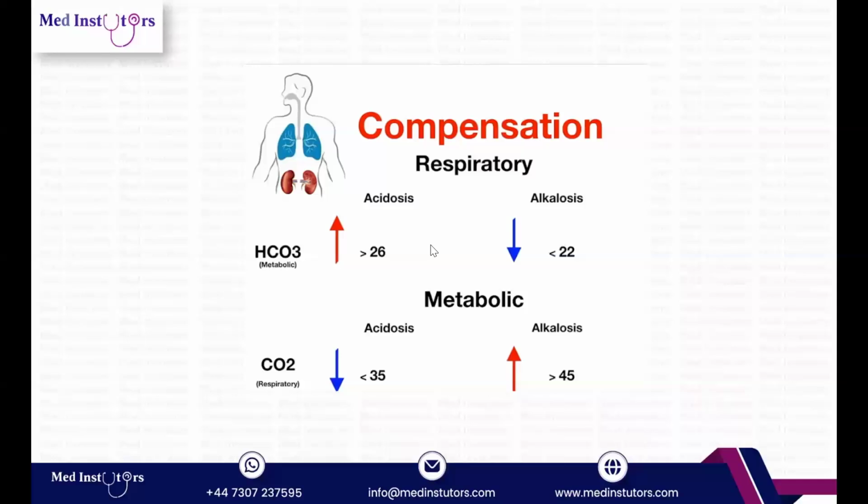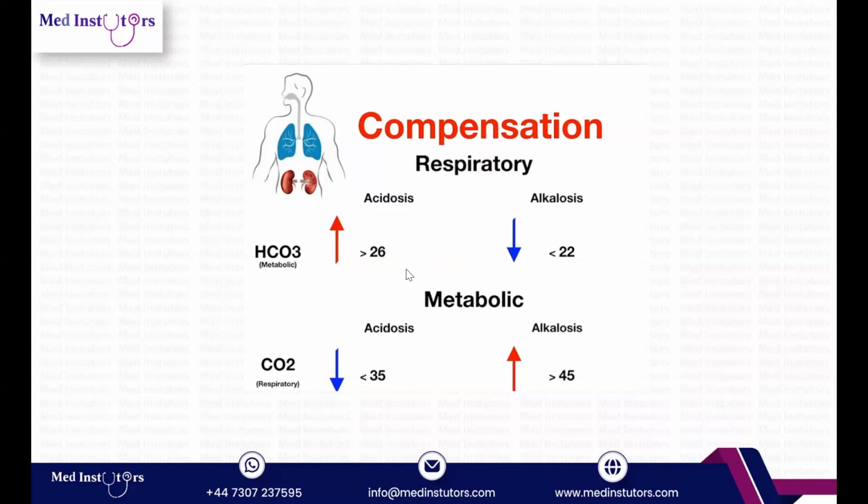So here is the comparison. If you want to interpret whether it is compensation or not, the values would be classically different. For example, in case of bicarb, we know the normal range is 22 to 26.